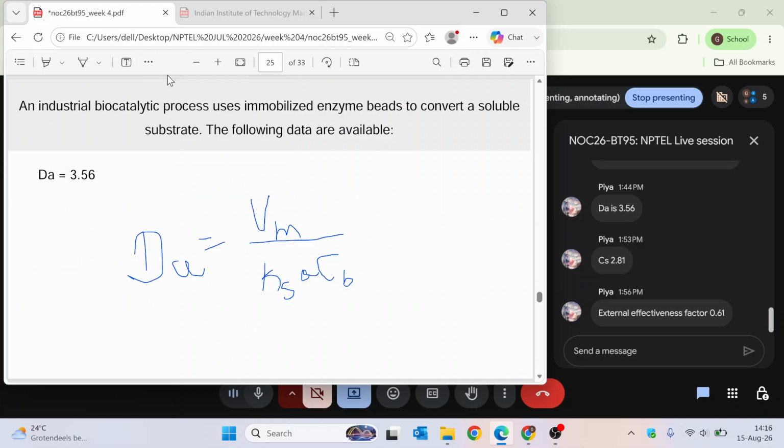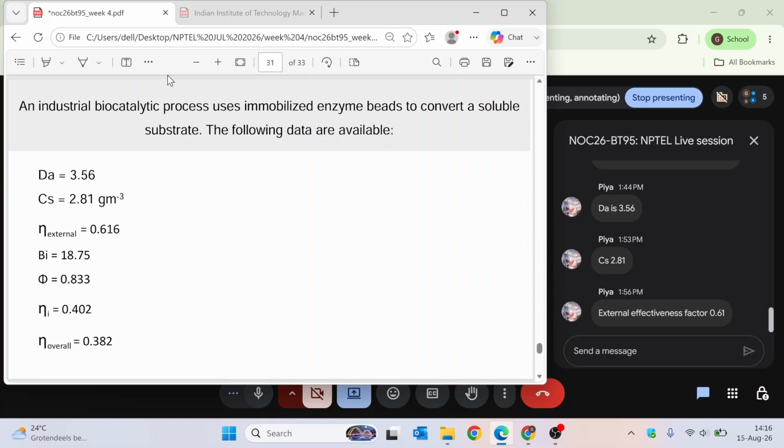So the formula for your overall effectiveness factor, this is eta overall: your internal effectiveness factor times your Biot number divided by 1 plus Biot number is what you call your overall effectiveness factor.